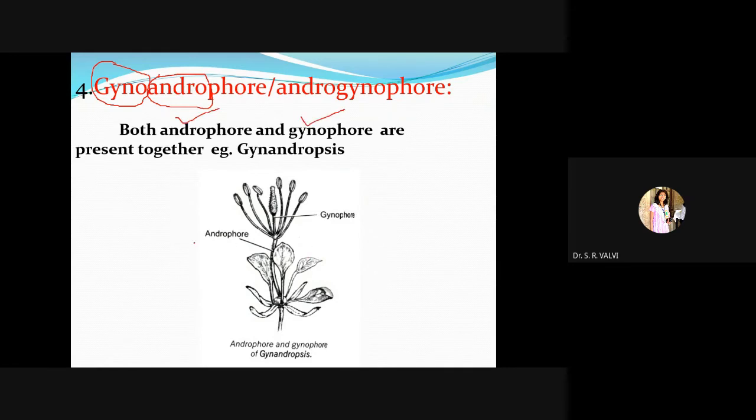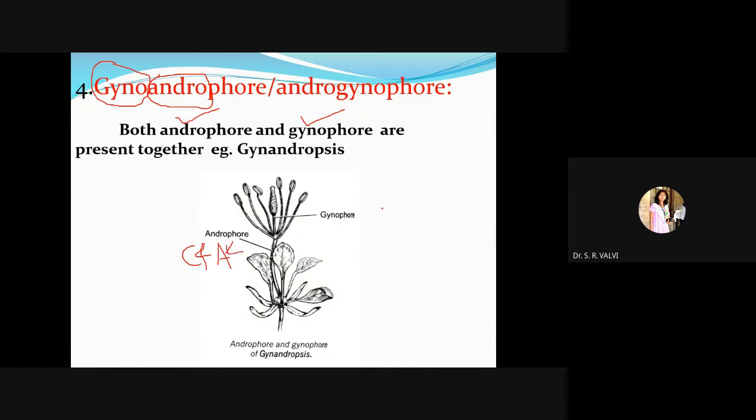Even in the diagram you can see over here, the androphore is the internode present between calyx and androecium, that is your androphore, right?